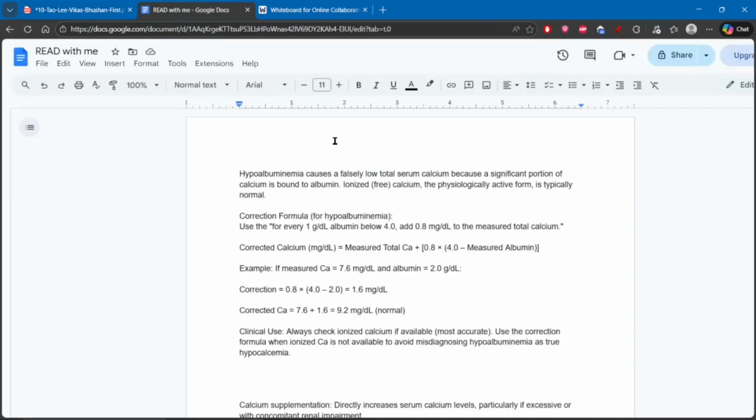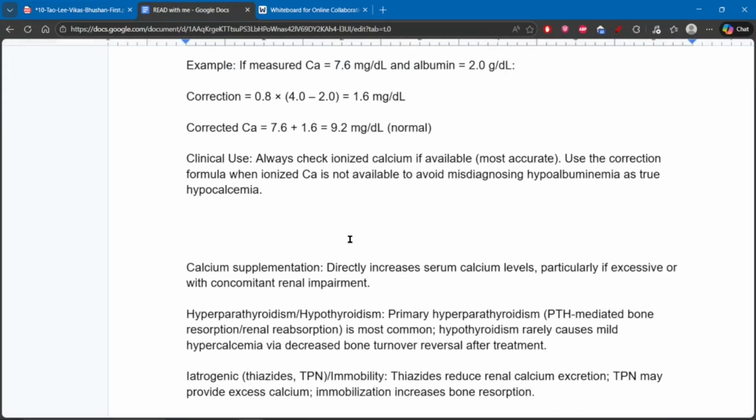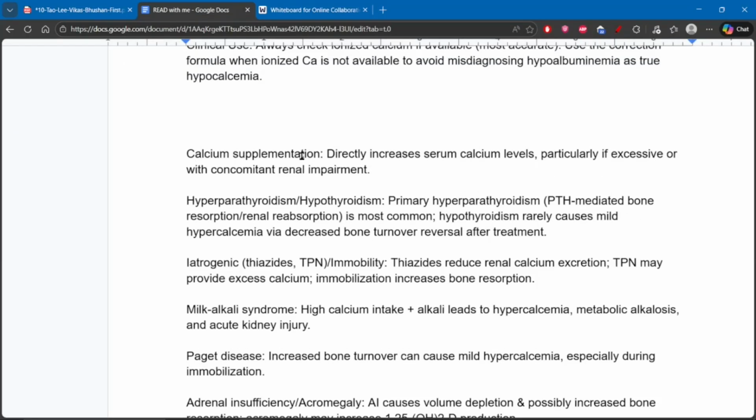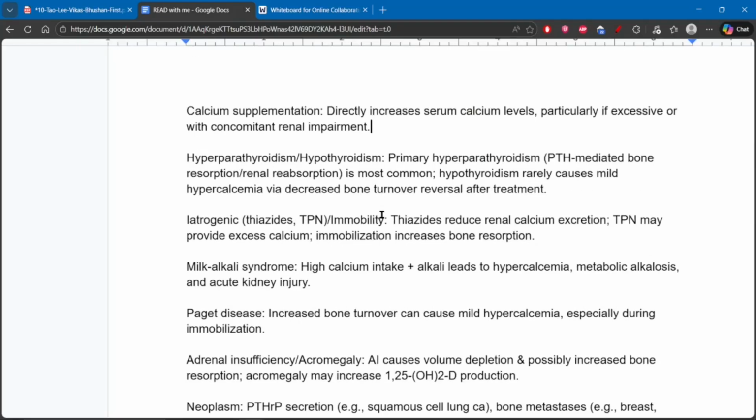Right, so let's go over here to our notes and we'll see. So, calcium supplementation, first of all, is quite self-explanatory. Dietary calcium directly increases serum calcium levels, particularly if excess or with concomitant renal impairment. So, if you take more calcium, you get more calcium. So, that's very simple.